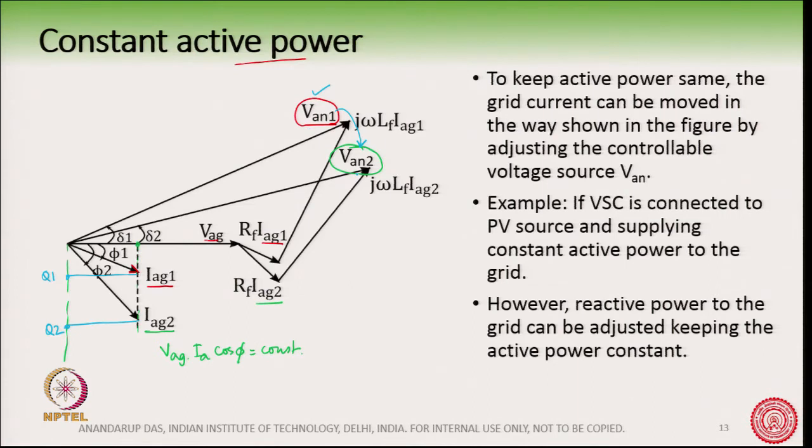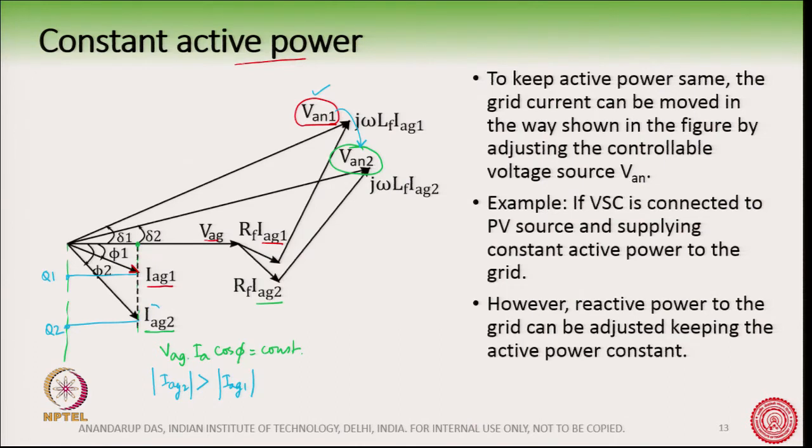And secondly, we have also changed the magnitude of the current. This is also to be understood. Not only have we changed the reactive power, but the magnitude of IAG2 is more than the magnitude of IAG1.